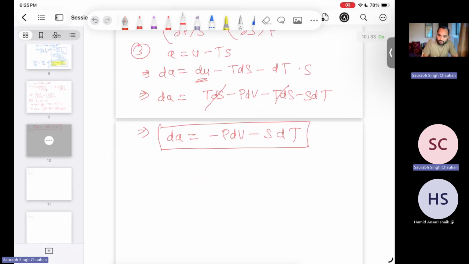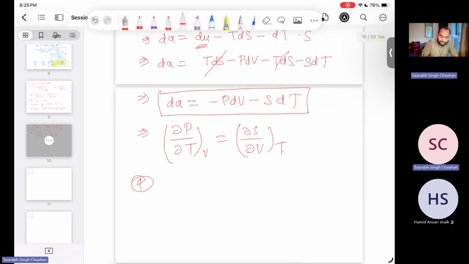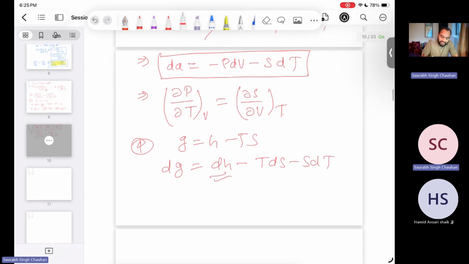From this function, one relation you can get by comparing, and another way is by using the exactness condition. So the exactness condition one I am writing: del P by del T at constant V should be equal to del S by del V at constant T. Similarly you can write for the other function, the Gibbs function, G is equal to H minus TS. You write the differential, minus TdS minus SdT, and use the expression for dH.